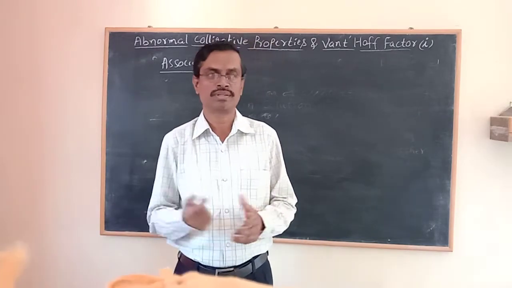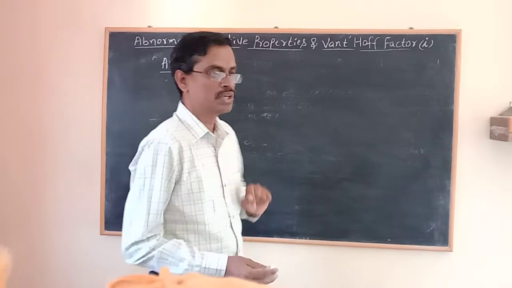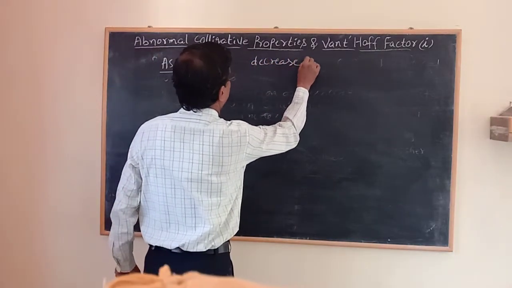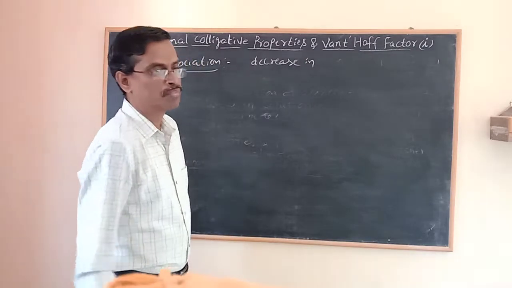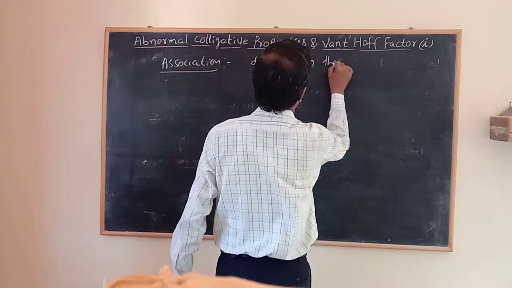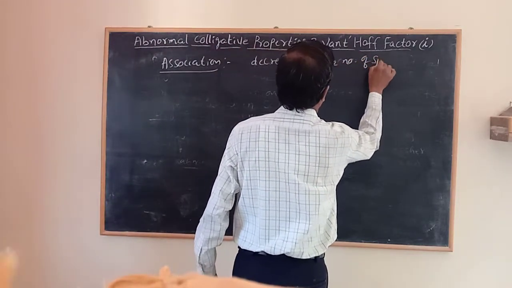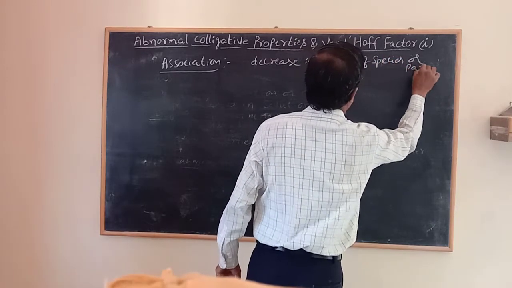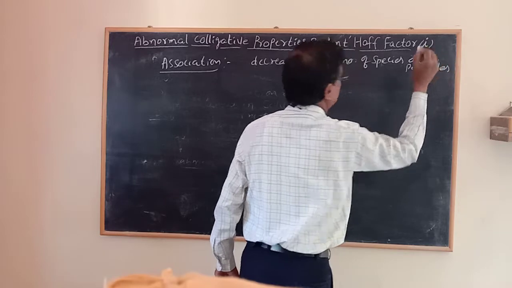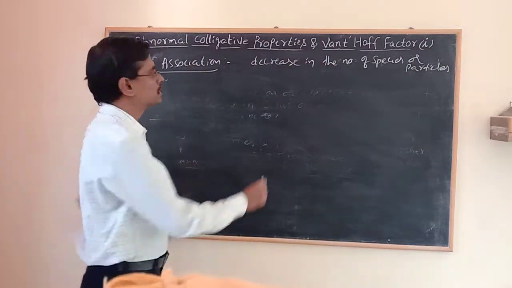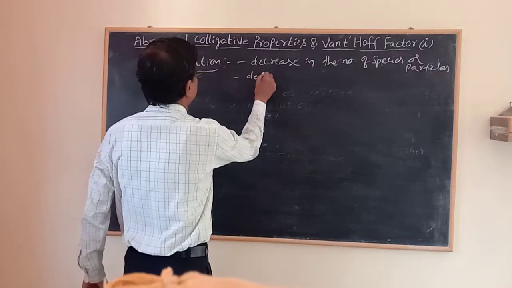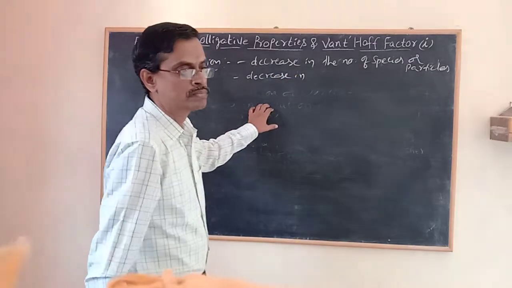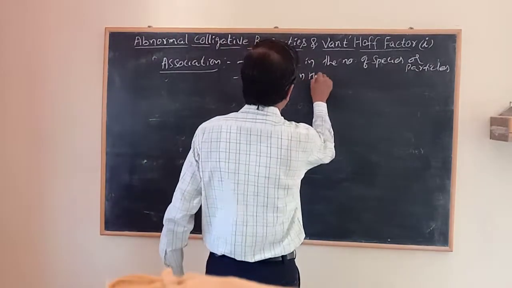That process is known as association, and in this association there is a decrease in the number of species or particles. Next, there is a decrease in the value of the colligative property.